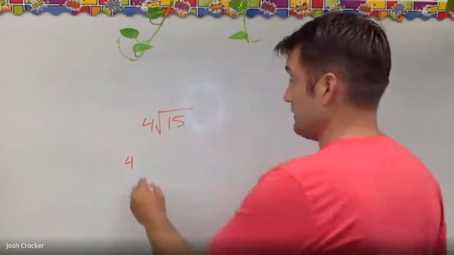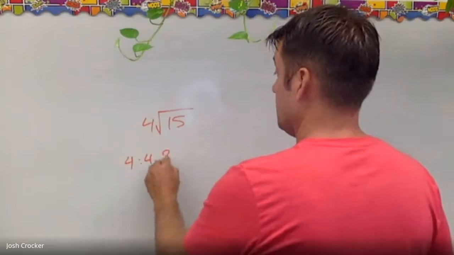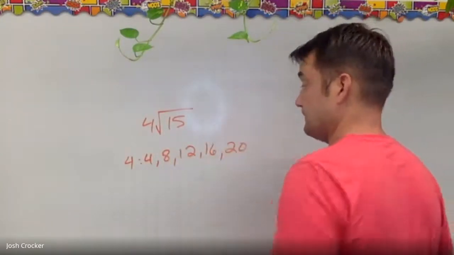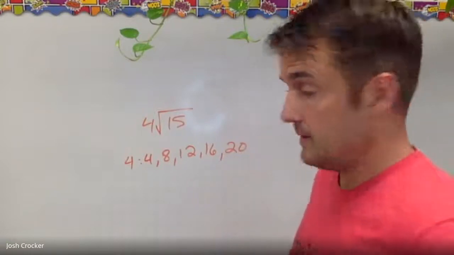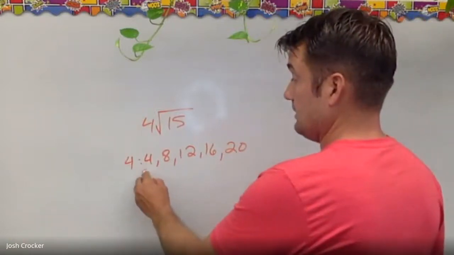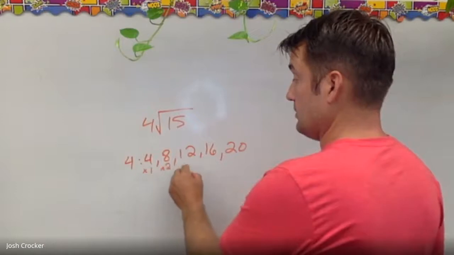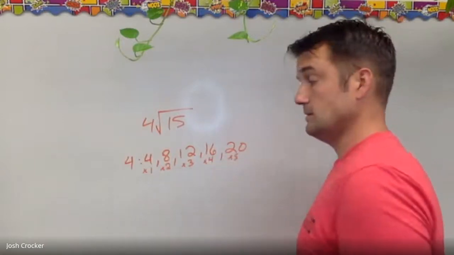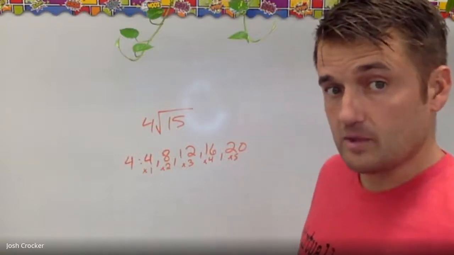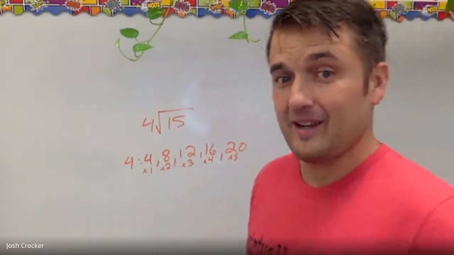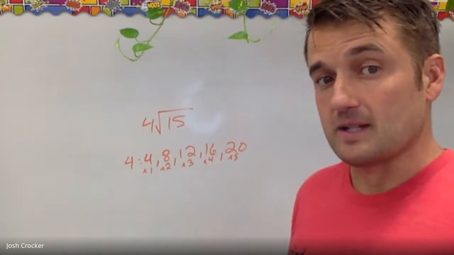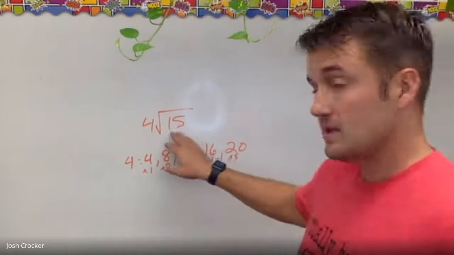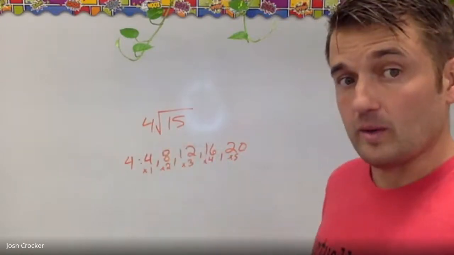We count by 4s. 4, 8, 12, 16, 20. Okay, counting by 4s. And this would be times 1, times 2, times 3, times 4, times 5. 4 times 1 is 4, 4 times 2 is 8, 4 times 3 is 12, 4 times 4 is 16, and so on.